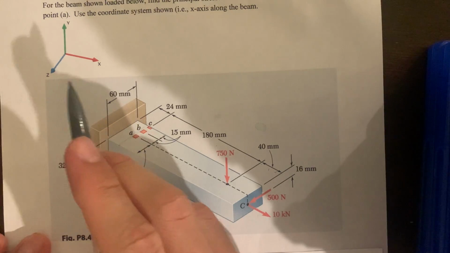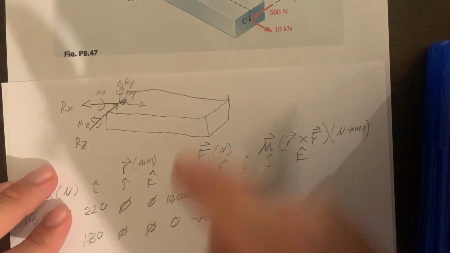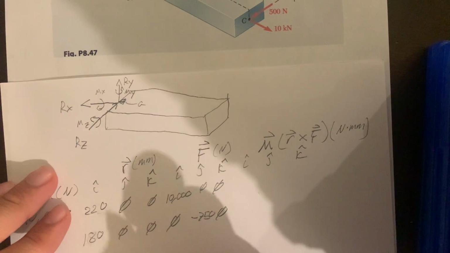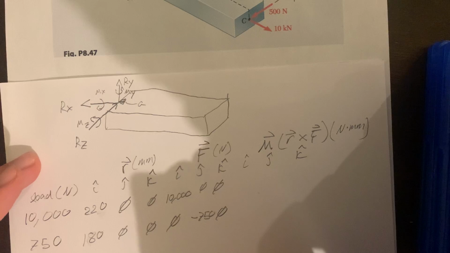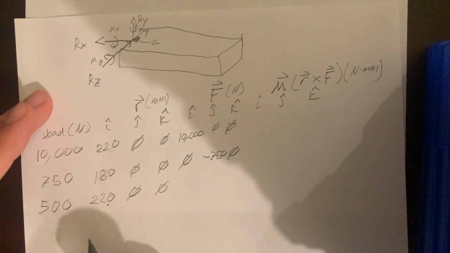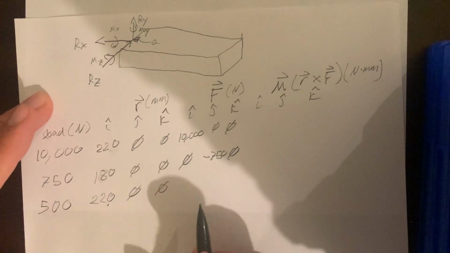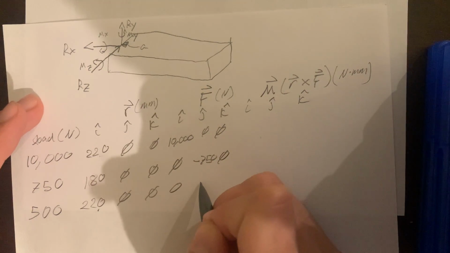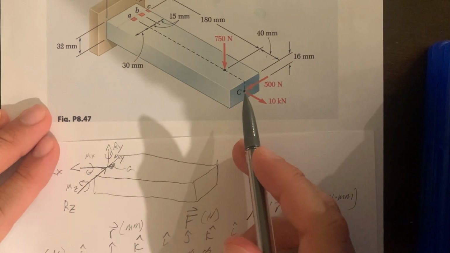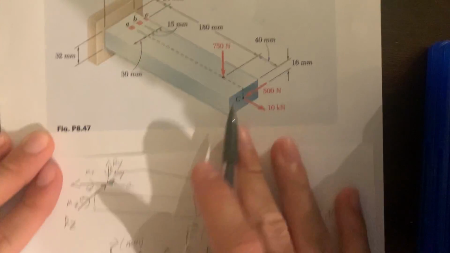The axes go upwards, and this force is coming downwards, so it's negative, and then 0 in the K. And then for the last one, I am sorry, this is also 0 over here. And then for the K, we're going to have 0 in the I direction and 0 in the J direction. And then we're going to have 500 going in the Z direction this way.